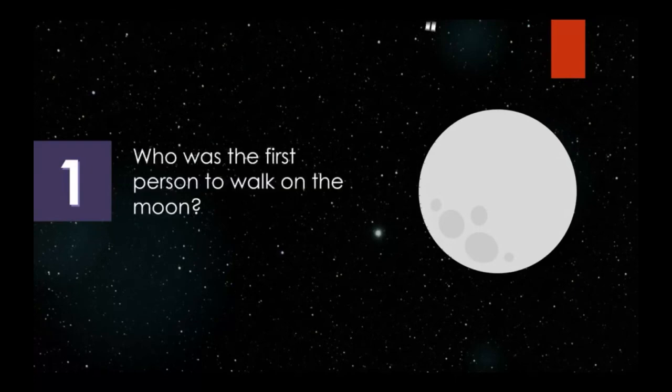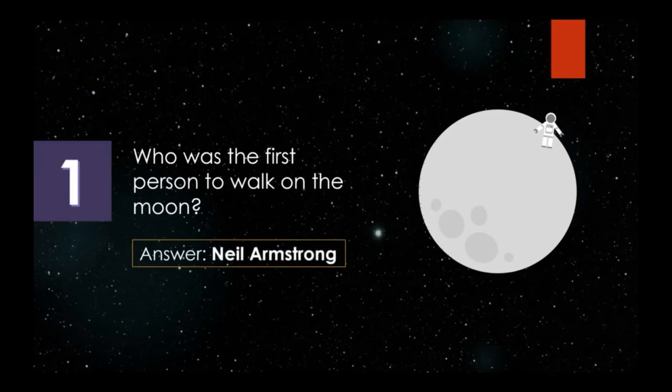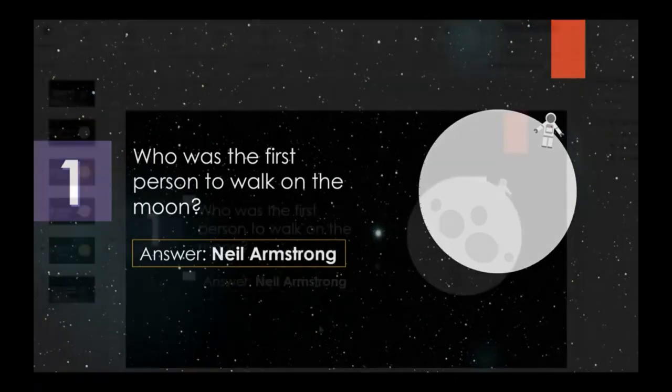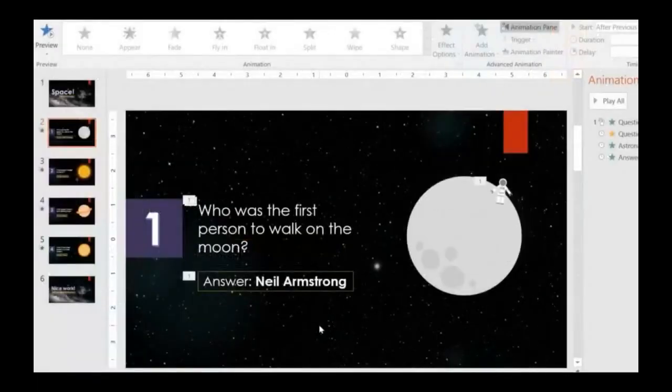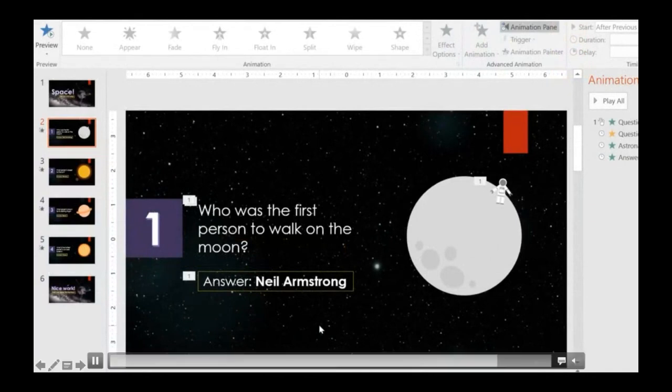So here it is done, my slide. You can see here the question, the picture comes up second, and in the end, after the 0.75 delay, the answer appears. That's what I want to do, and it's all the animation information here. So how can I copy all these animations to the next slides? It's pretty easy.